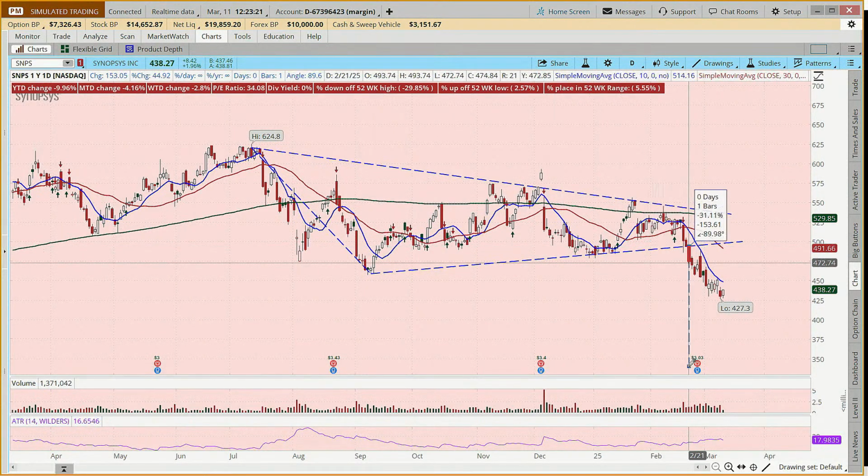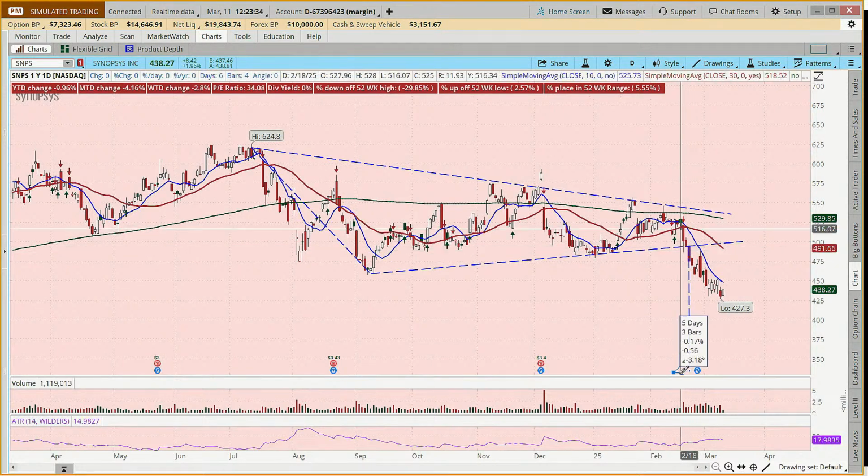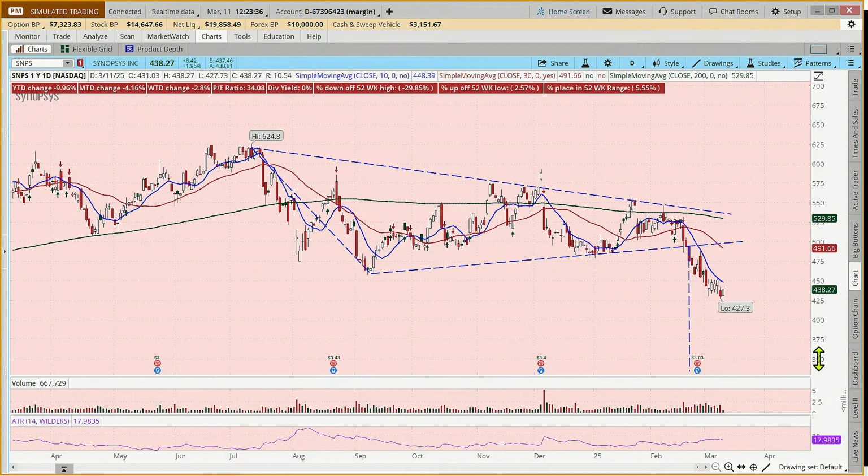Say 160-ish, like 161. Hard to get it exact. Okay, that's close. So that might be a target price right here, which would be under 350.